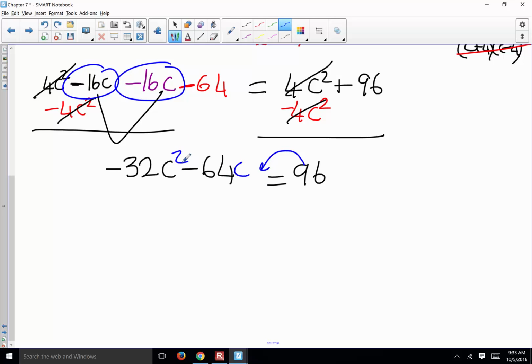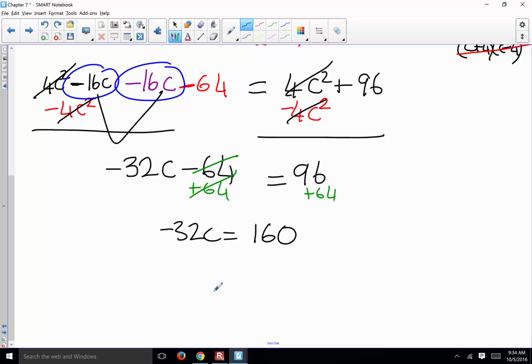That's when you have a quadratic equation or square equation, you do that. But here, you only have a single c with a single power. You bring variables to the left, numbers to the right here. So I want this 64 gone. So I move it to the right by adding to both sides. 160 it is.